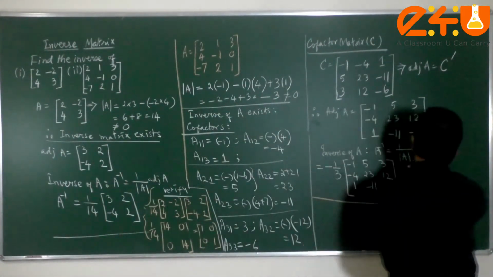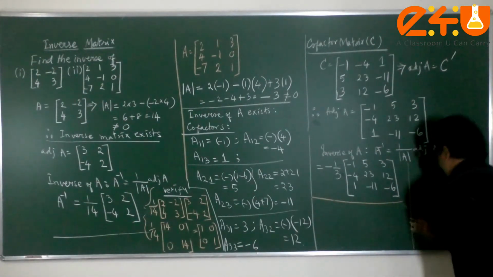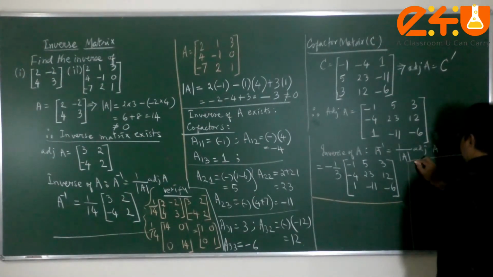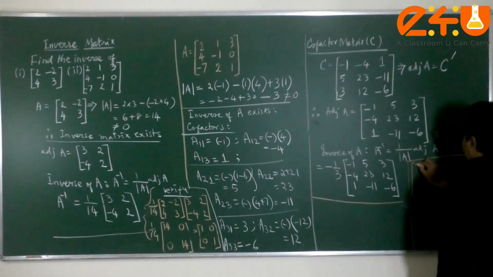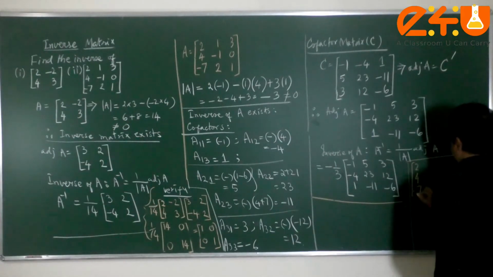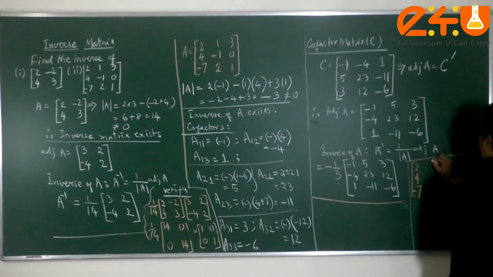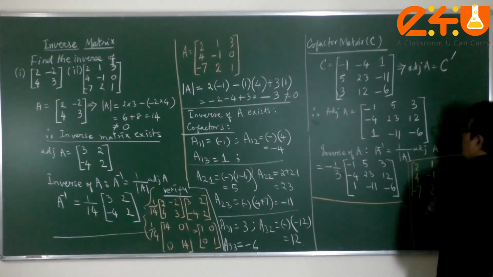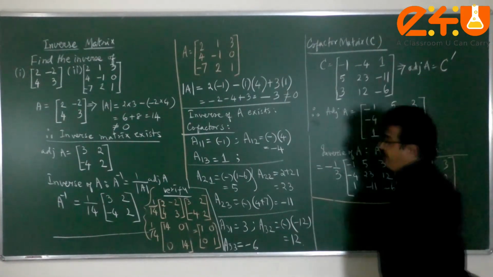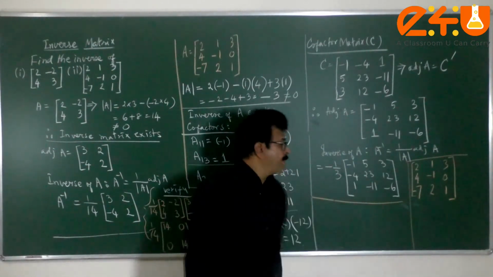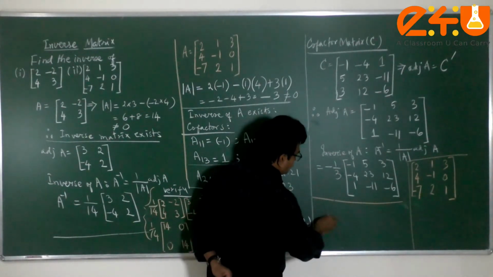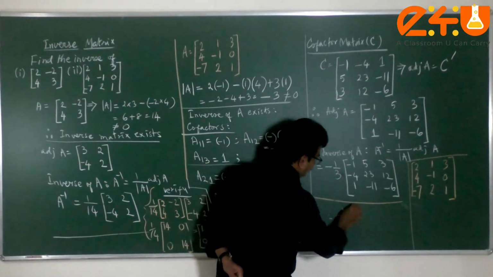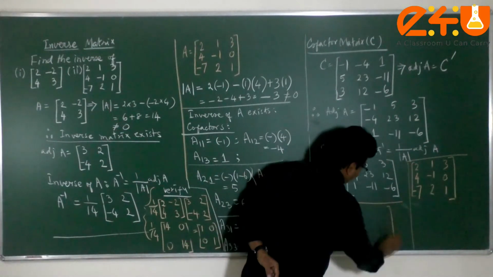So, in rough column, let me write the A matrix by the side of the inverse matrix. So, 2, 4, negative 7 in column 1, 1, minus 1, 2 in column 2, 3, 0, 1 in column 3. Let us prepare to multiply. The scalar minus 1 by 3 is lying outside.